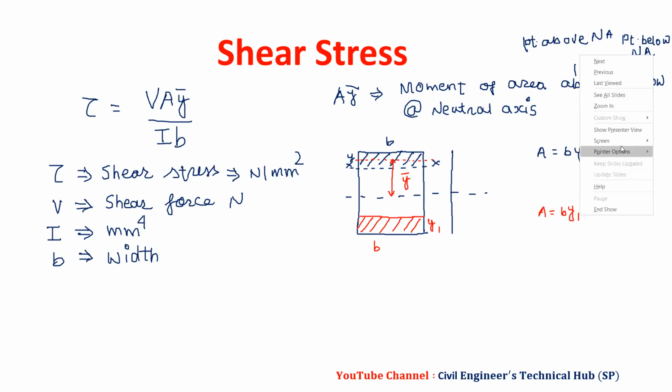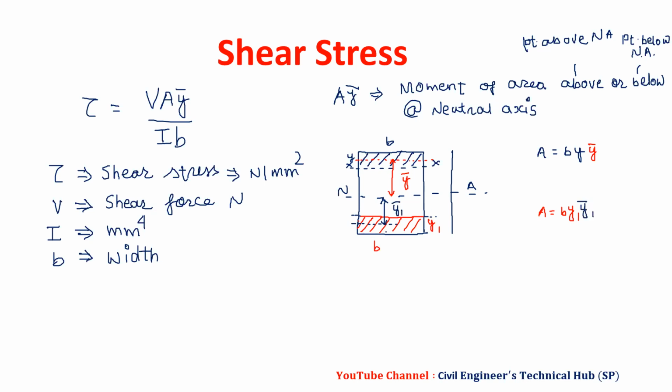Because the point is below the neutral axis, we consider the area below it to find the shear stress at this point. And now y bar we take from here, so I will write it as y1 bar.